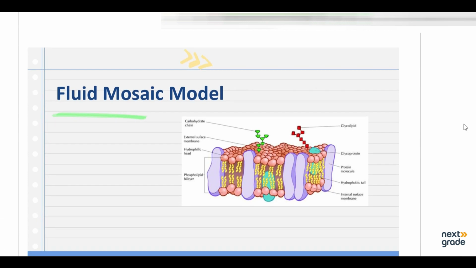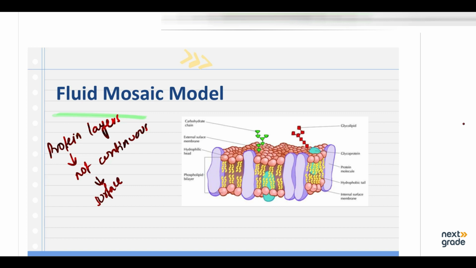The fluid mosaic model said that the protein layers are not continuous and they are not confined to the surface of the membrane, and they are embedded in the lipid bilayer in a mosaic manner, right?